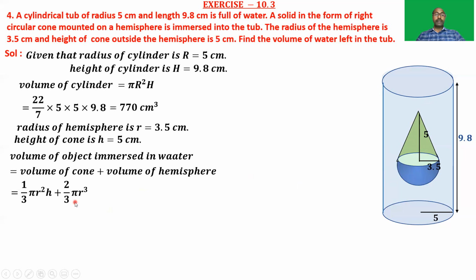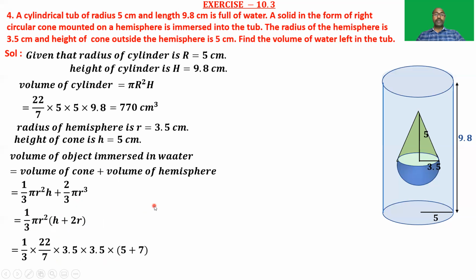So take pi r square by 3 common. So we get 1 by 3 into pi r square into H plus 2r, and by substituting pi is equal to 22 by 7, r is equal to 3.5 and H is equal to 5, we get 1 by 3 into 22 by 7 into 3.5 into 3.5 into 5 plus 2r, where 2r is equal to 7.